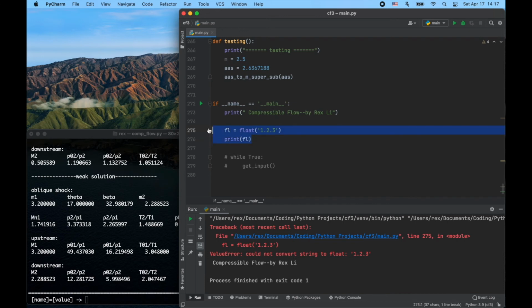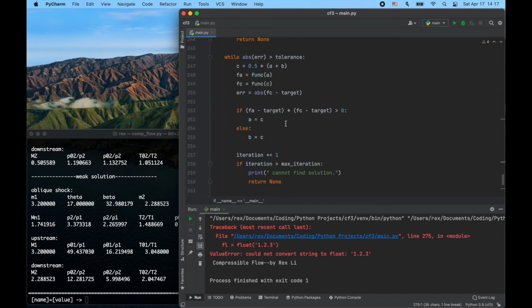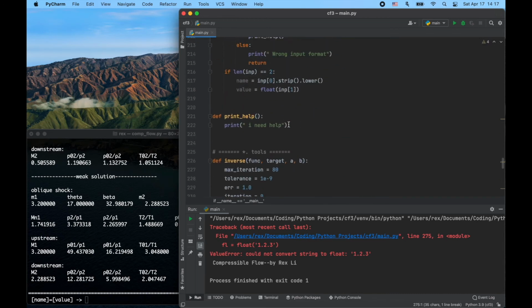For that, we define another function for string to float, and we take a string for that. Try: float equals to convert the string into a float.